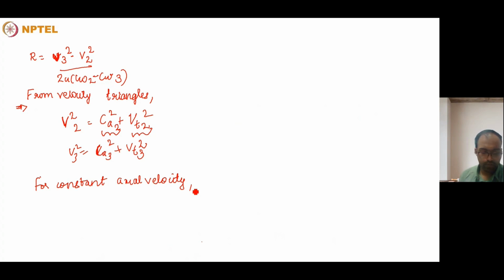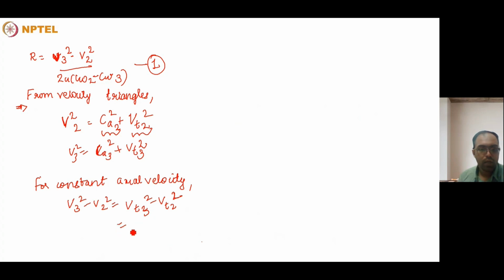We can write V3 squared minus V2 squared is equal to VT3 squared minus VT2 squared.